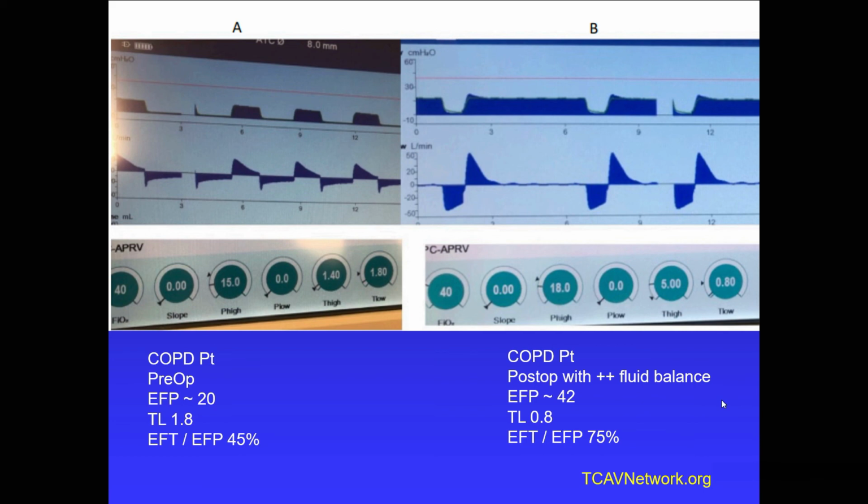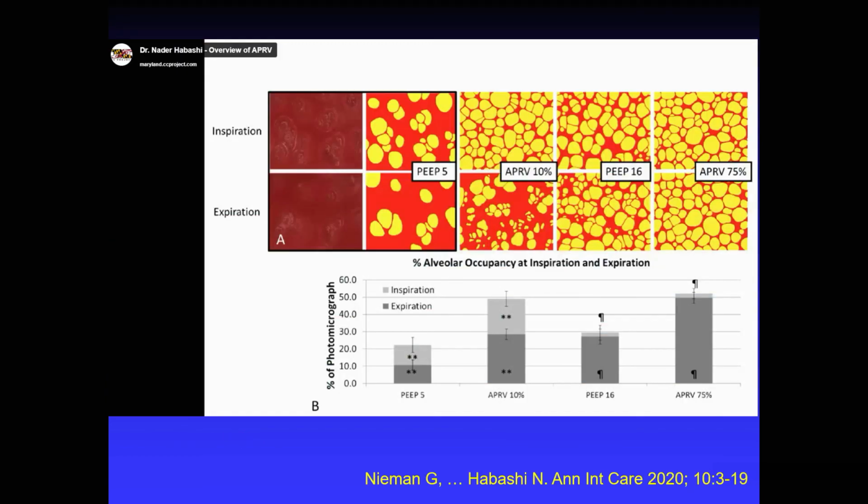Okay, now where did this thought process come from, that the termination to peak ratio of 0.75, or terminating the release at 75% of the expiratory flow peak, is optimal?